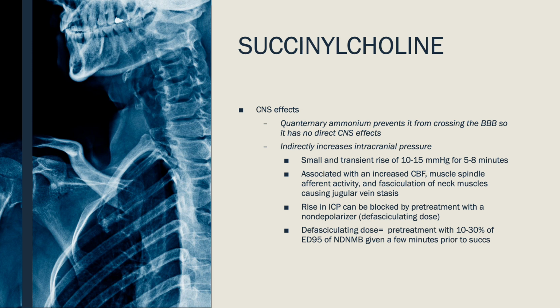Normally 5 to 10 milligrams of rocuronium, and sometimes a milligram or two of vecuronium. By using this approach, we can minimize those hemodynamic changes that succinylcholine causes. So this way they do not have those fasciculations, okay? Because the fasciculations are associated with the increase in ICP.